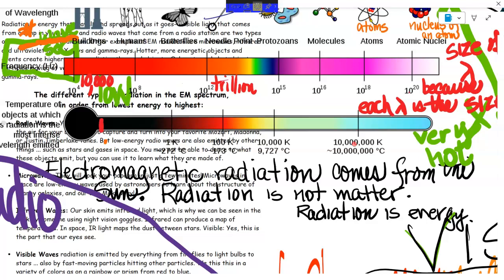But here we are at 1K, 1 degree Kelvin. So this would be absolute zero, which we've never reached. That's such a low temperature.